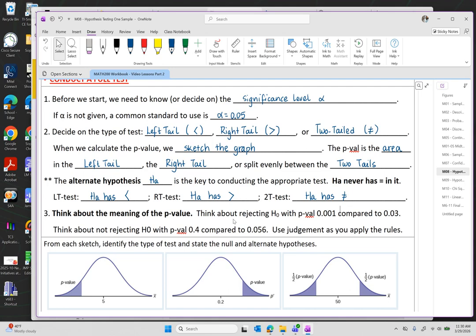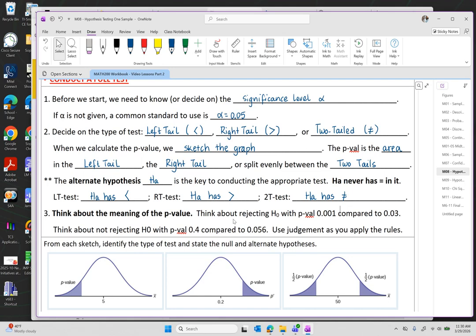If the alternative hypothesis claims that the true population parameter is greater than the one stated in the null hypothesis, then this is a right tail test. And if your alternative hypothesis states that the population parameter is not equal to the one stated in the null hypothesis, then this is a two-tail test.